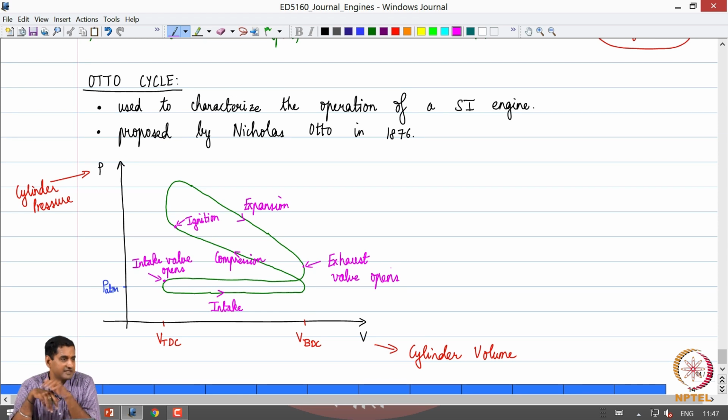Okay, this cycle keeps on repeating. I am just drawing a very simple PV diagram of a 4-stroke gasoline engine.